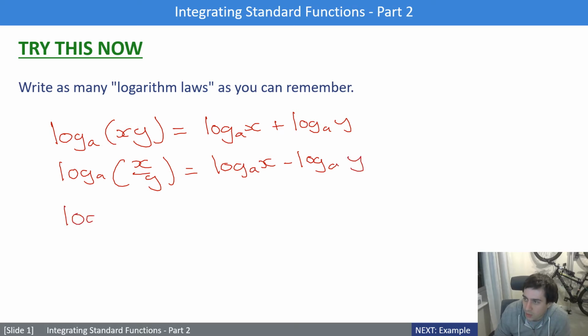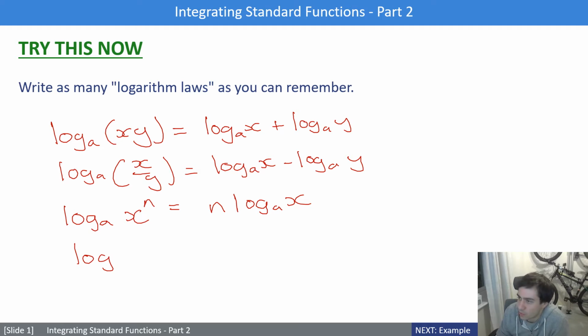The power law, which we use very often and is extremely useful and one of the nicest properties of logarithms. Part of the reason we use them, or why we invented them. And then one that many people forget, I think, which is the only one that uses a different base throughout the expression.